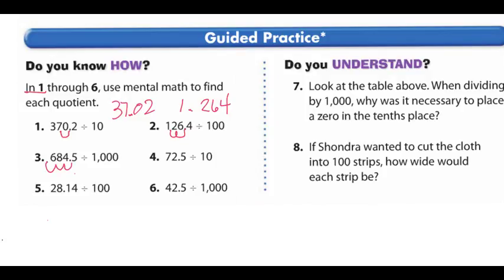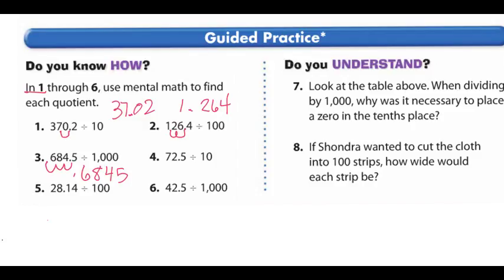So now we have our answer of 6,845 ten-thousandths. Hopefully that's what you got if you moved the decimal 3 places. All right, so do the remainder of these, 4, 5, and 6, and then listen for directions on what to do with the rest of them.